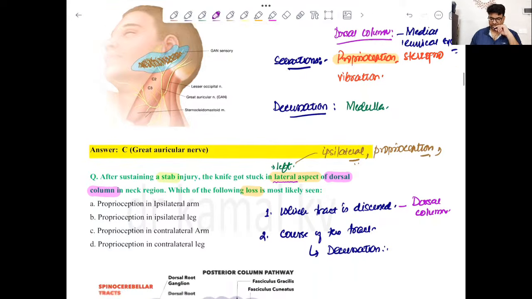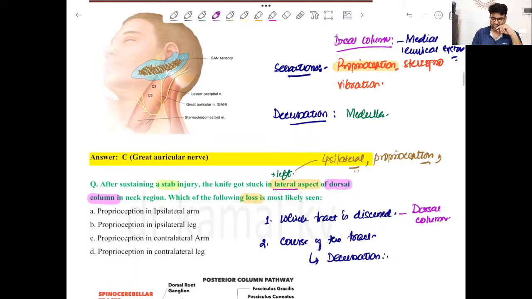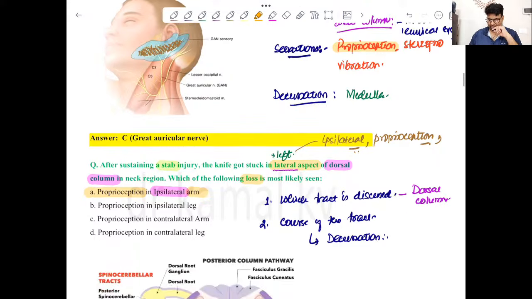So lateral part means involvement of the fasciculus cuneatus, and therefore the answer would be proprioception loss in the ipsilateral arm. So there are three points to be addressed in this question, and you can get your answer like this.